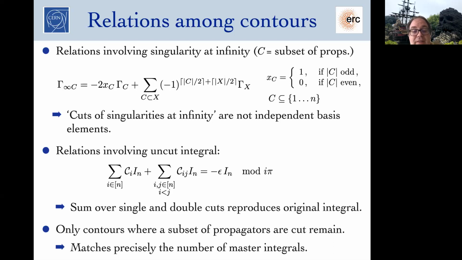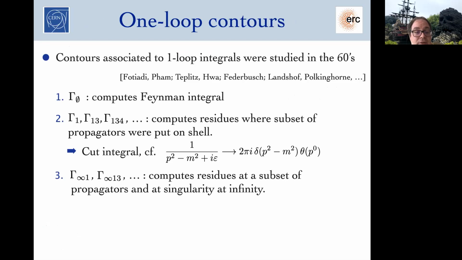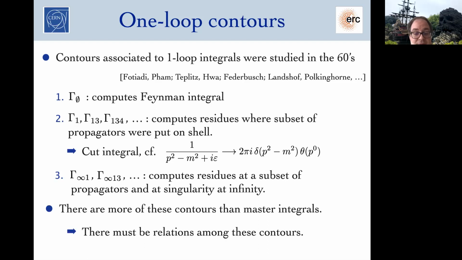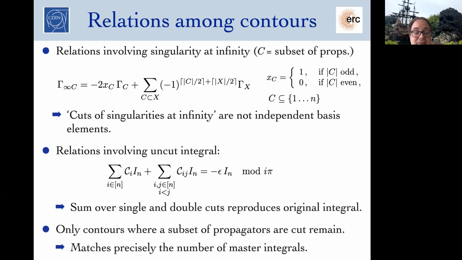So the sum of all single and double cuts reproduces the full integral. That is always true. So the last relation allows me to eliminate this contour, and the first relation allows me to eliminate all those that take a residue at infinity. So I only have as independent contours those that correspond to a subset of propagators, which are precisely in one-to-one correspondence with my master integrals.